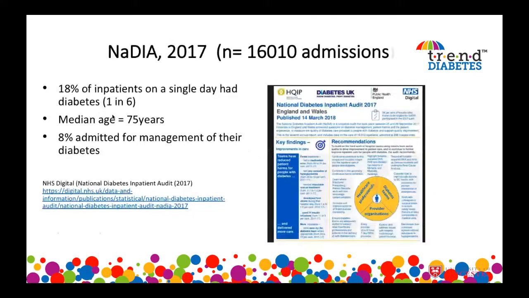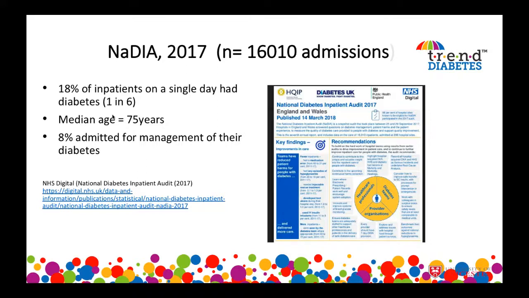So if we're going to talk about admissions for diabetic ketoacidosis and what we're trying to prevent, I thought it would be useful just to bring up the National Diabetes Inpatient Audit data, and this was from 2017. What you'll see is at that time a huge amount of people were actually in hospital on that day with diabetes, 1 in 6, that is.